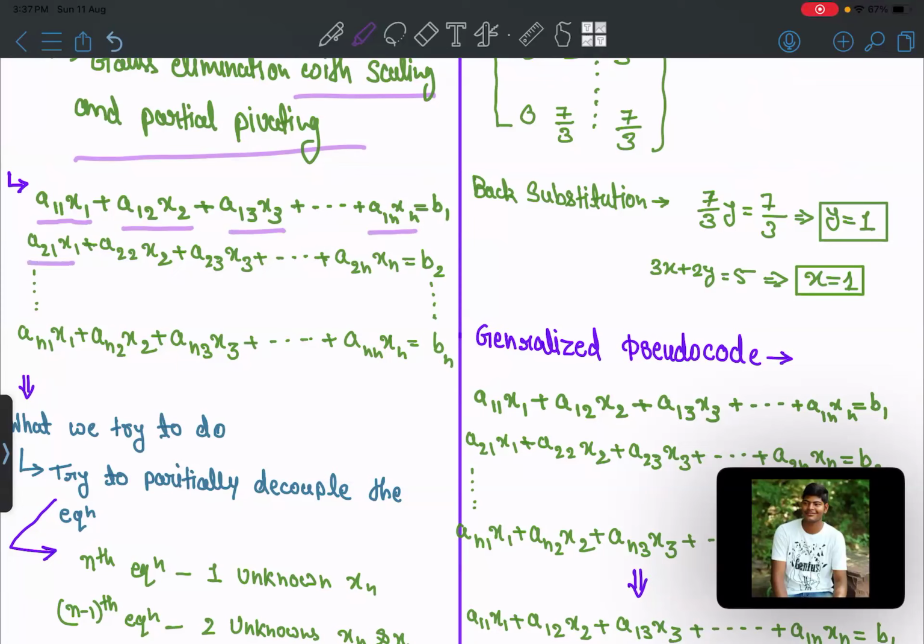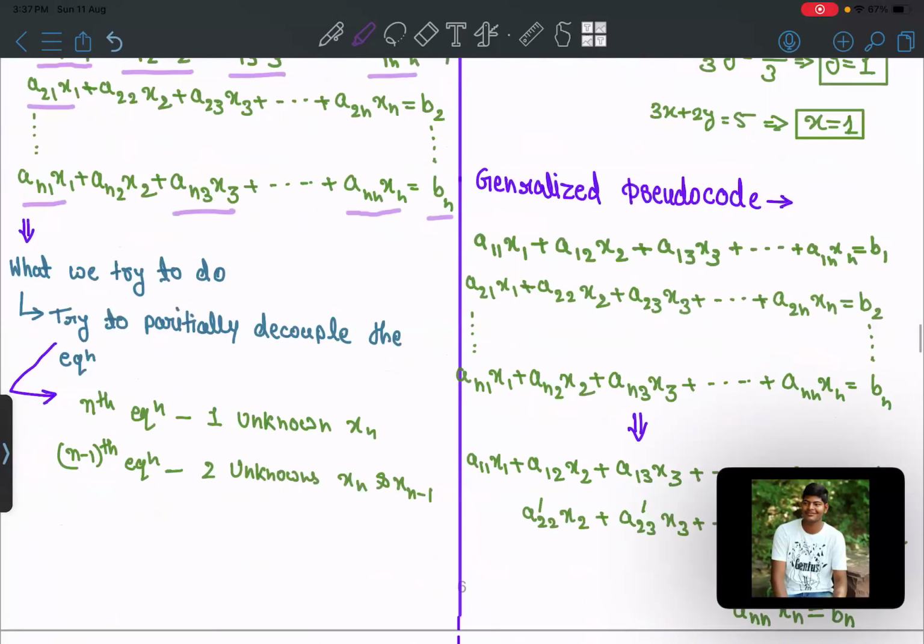The second equation is a21 x1 plus a22 x2 plus a23 x3, up to a2n xn equal to b2. Similarly, the nth equation is an1 x1 plus an2 x2 plus an3 x3 plus up to ann xn equal to bn.